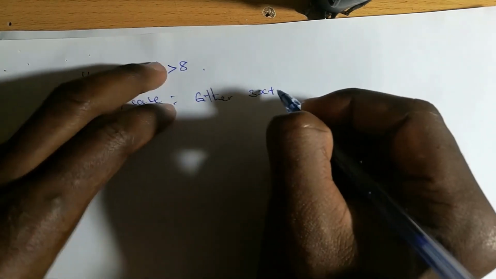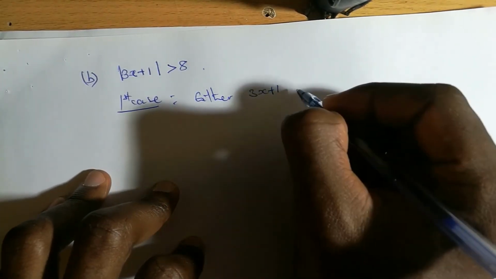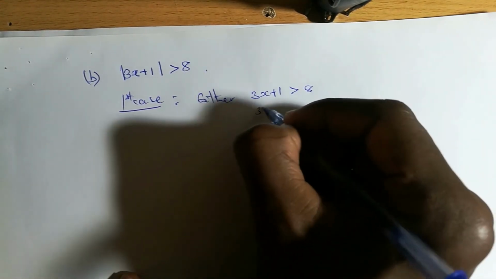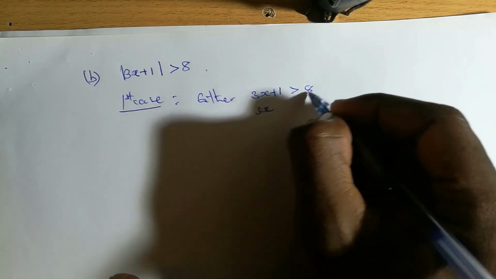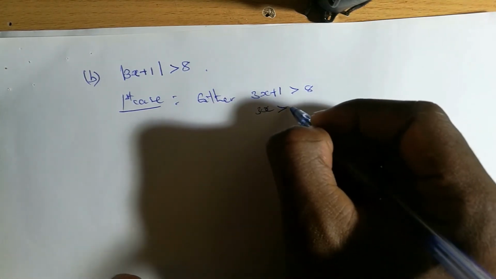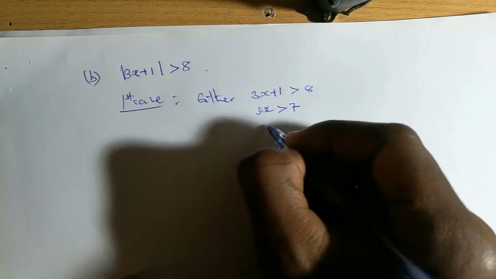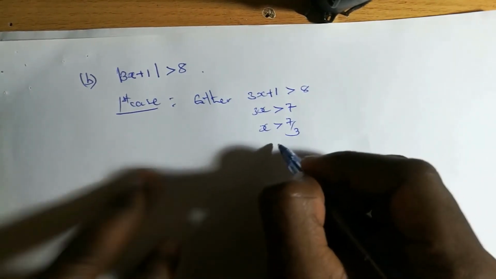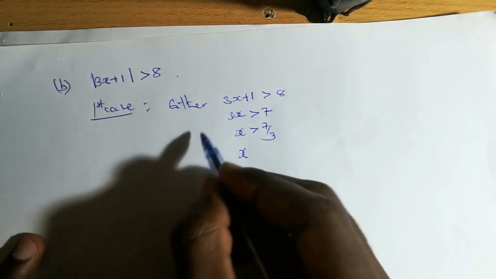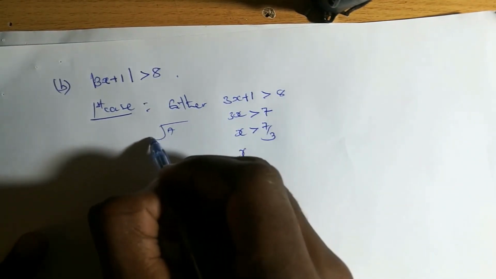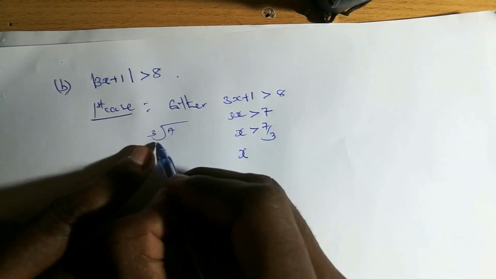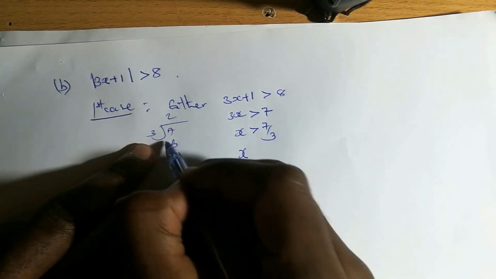3x plus 1, the whole of that, everything under the modulus, should be greater than the positive value. So that means we have 3x, subtracting 1 on both sides, we remain with 3x greater or equal to 7. So that we have x being greater than 7 out of 3, which can be expressed in terms of a mixed fraction, just to make us know the exact point on the number line. We have here 3, so it goes there 2 for 6, then 1.